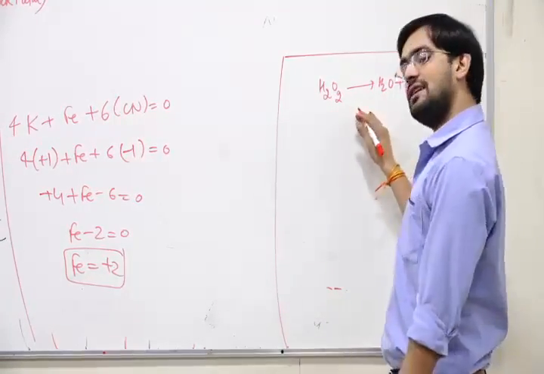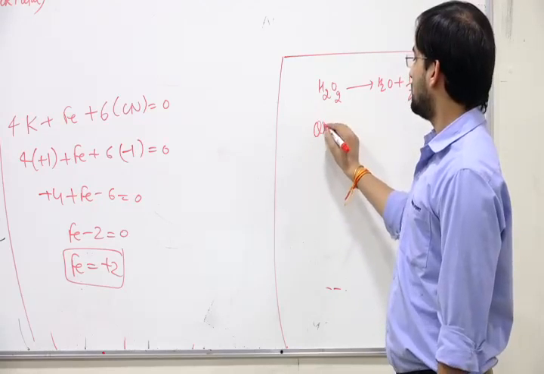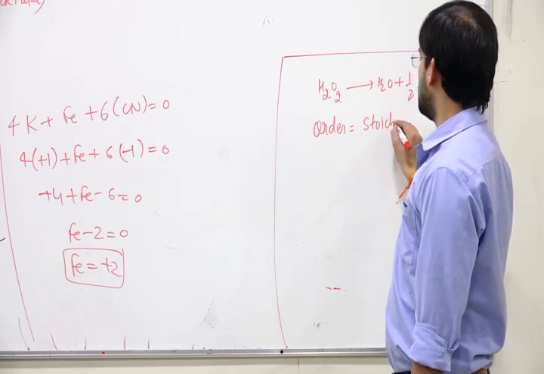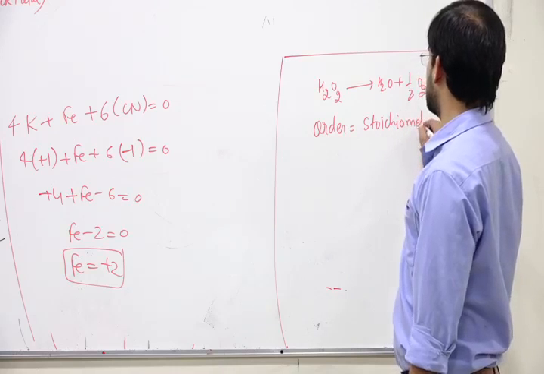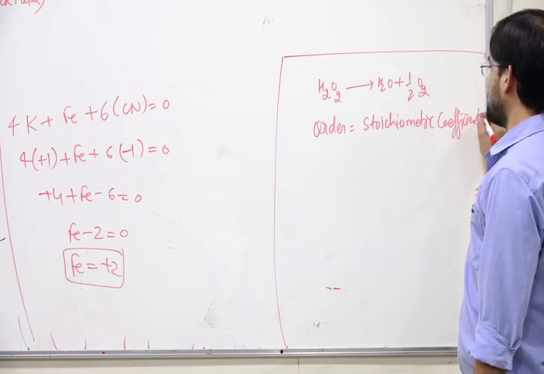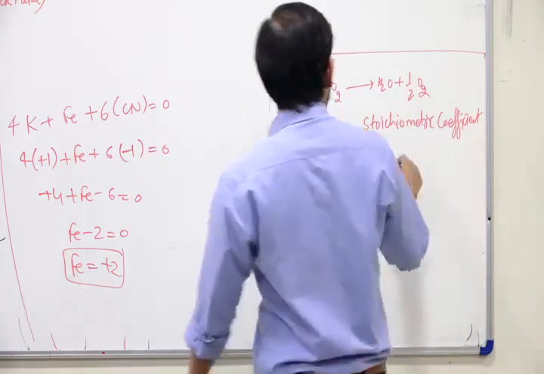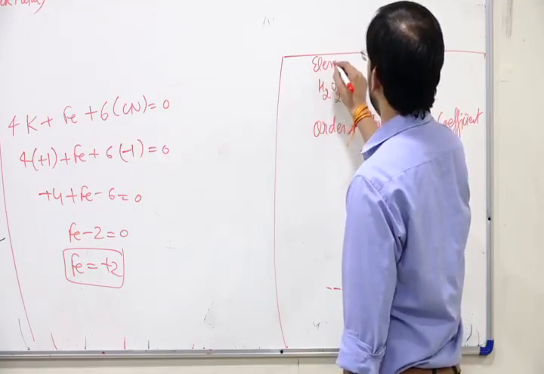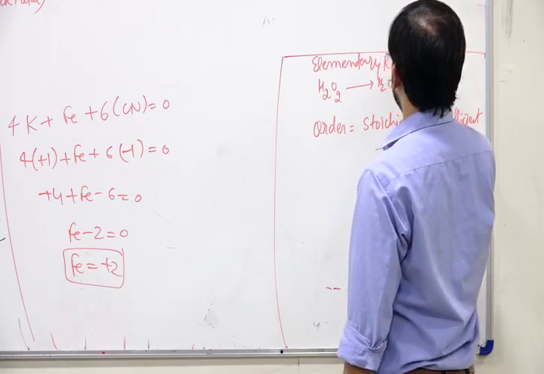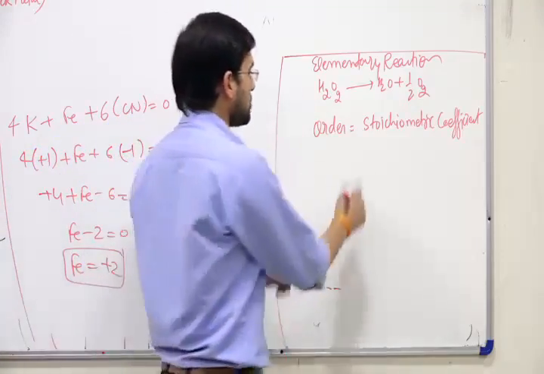If this is a single step reaction, the order is equal to the stoichiometric coefficient, for the case of an elementary reaction. So by looking at the reaction, how much order?